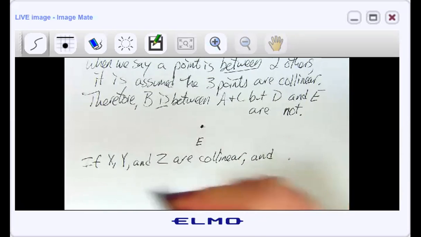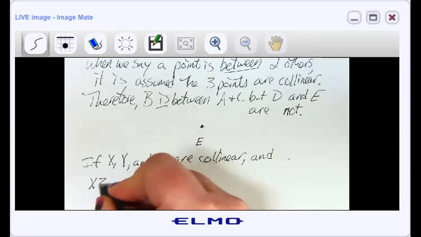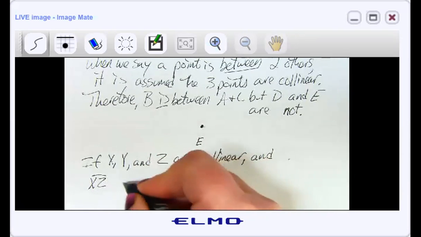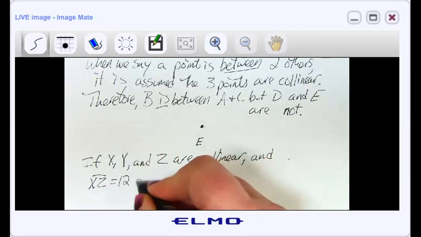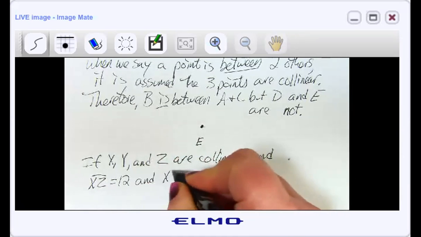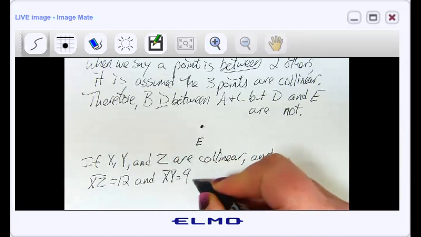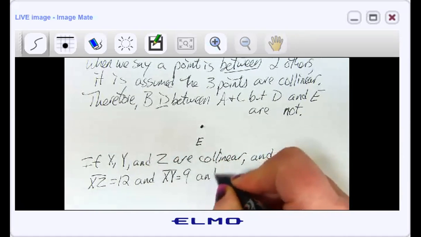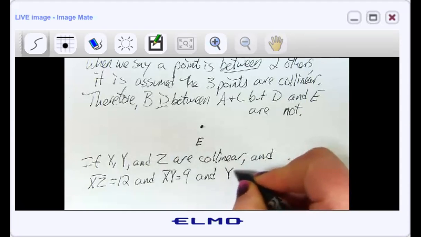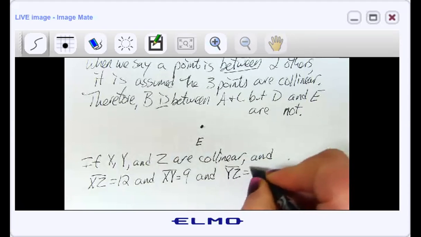And let's say that the segment XZ is 12 and segment XY is 9 and the segment YZ is 3.